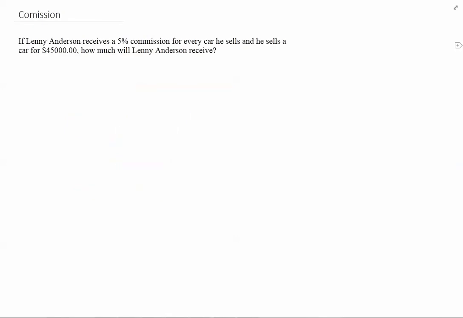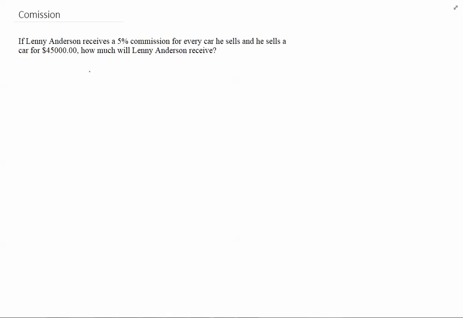Let's look at a commission question. If Lenny receives 5% for every car he sells, and he sells a car for $45,000, how much will Lenny Anderson receive?